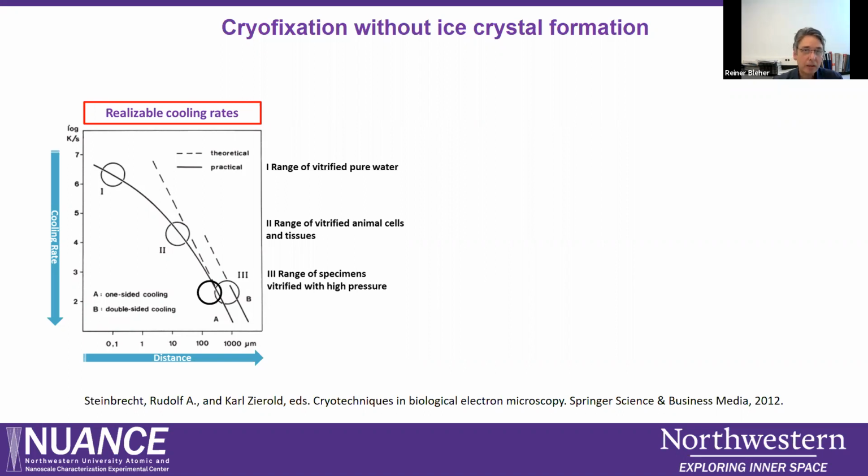So this can be achieved only when we have lower freezing rates, like is the case, for example, when we freeze with the help of pressure. When we apply pressure, we only need pretty slow freezing rates in the hundreds of degrees per second, and in this regime, we are actually able to obtain double-sided freezing and have a positive effect of it.